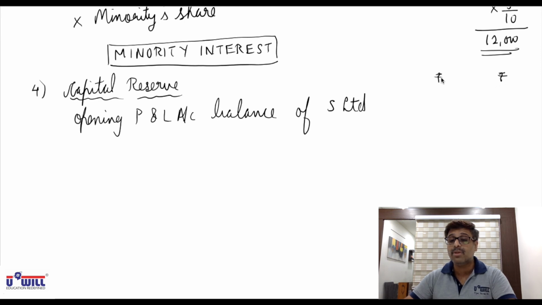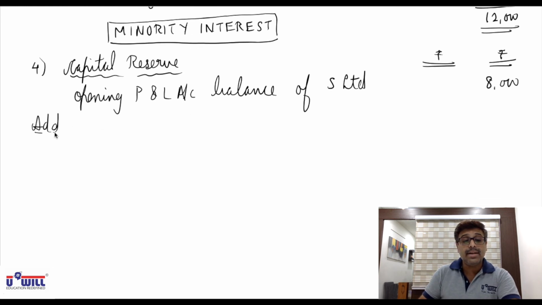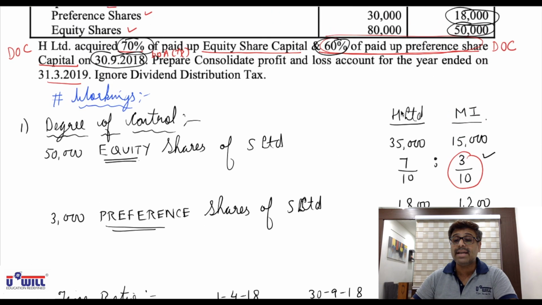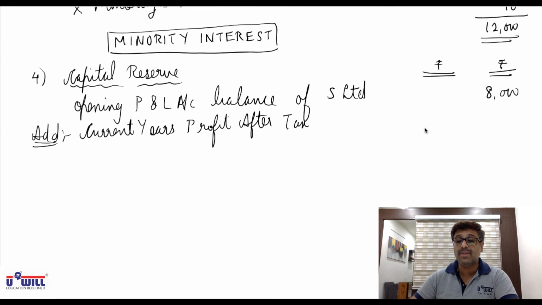Here 2 columns of amount will come. Then we will add current year's profit after tax. Current year's profit after tax is how much? 1 lakh. For subsidiary company only we have to see 1 lakh.